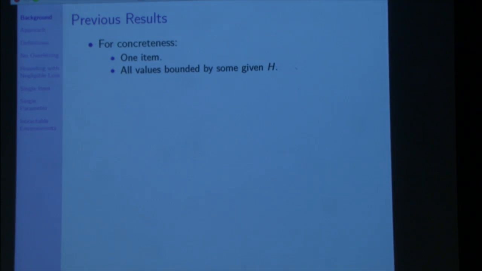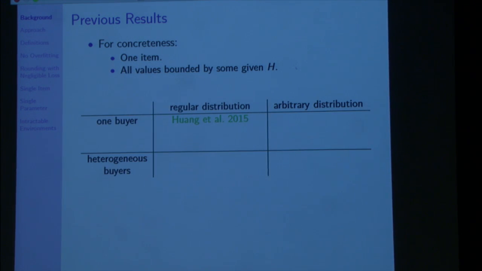Okay, so let's frame this question in terms of previous papers. So assume for concreteness, this is almost the most general thing that's known. Variations on this are known as well. That we have one item for sale, and that all values are bounded by some given h. There are works that deal with tails that are nice enough, but let's assume for now that everything is bounded by some given h and that we know it.